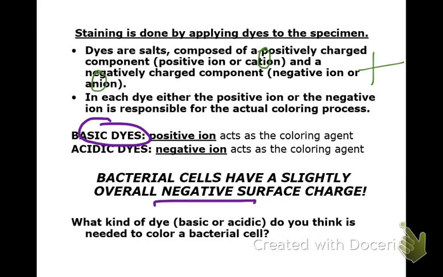You'd want to use a basic stain because positive and negative are going to attract. I'm going to give you a clue. All the stains on the first exam, because there's a lot of questions, all the stains on this test are basic or positive. And like I said, there's a lot of questions on this test from the microscope, so make sure you pay attention to this PowerPoint. Okay.